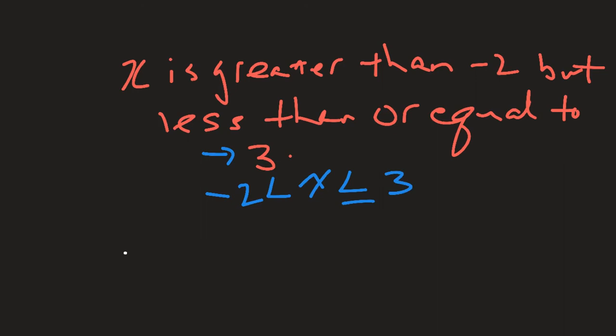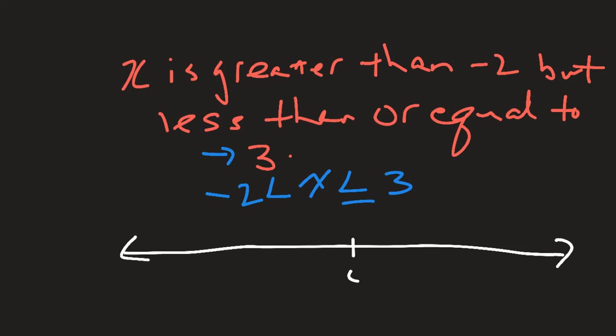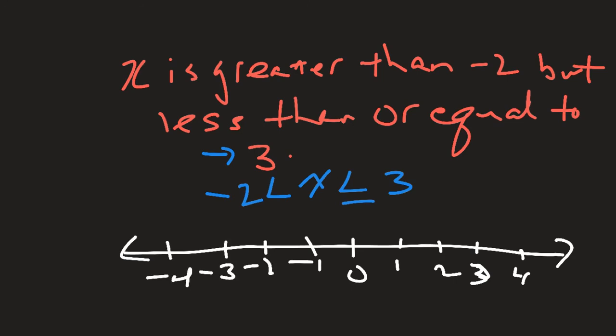I can draw my number line to represent this. 0, 1, 2, 3, 4. Sorry if my 3 is messy. -1, -2, -3, -4. Fantastic. So we'll start with our lower bound this time.